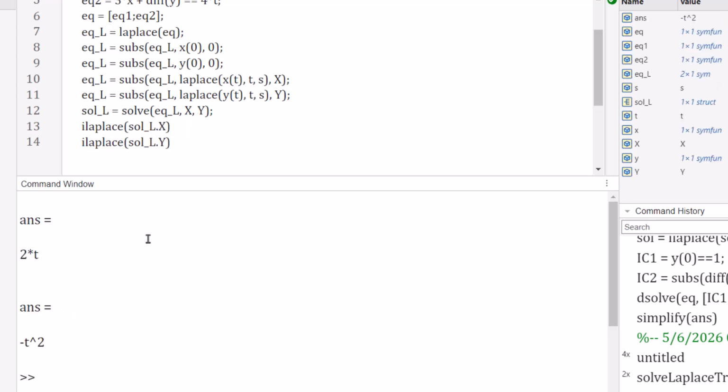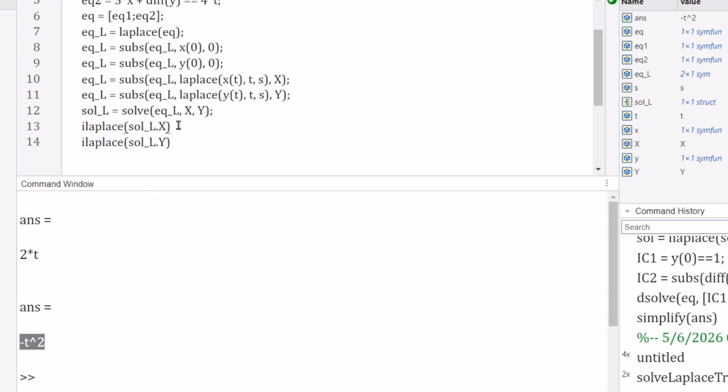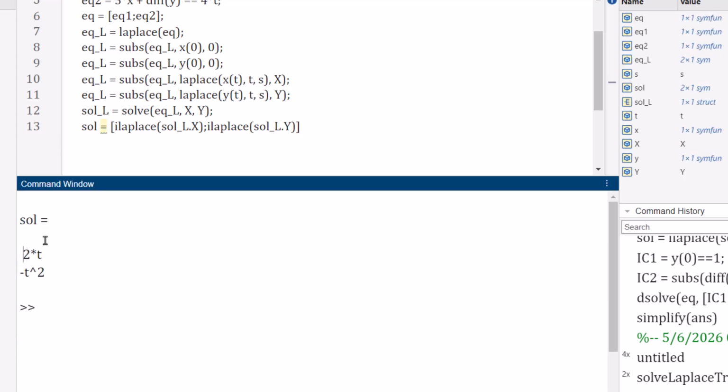Now if I run, 2 times t is my first answer, and negative t squared is going to be my second answer. I can put both of them in a single variable named sol. And this way I have both of my answers.